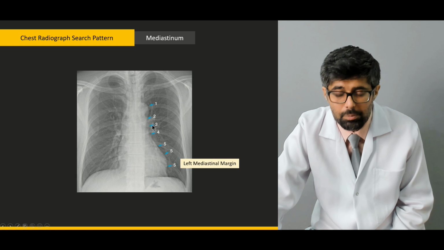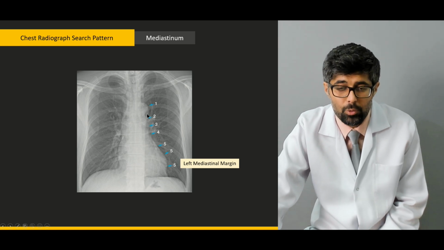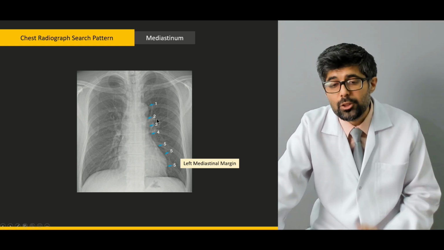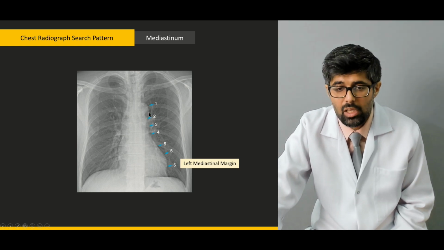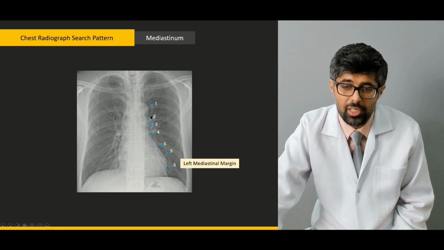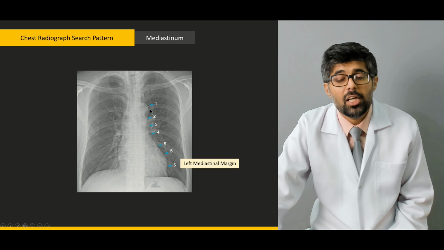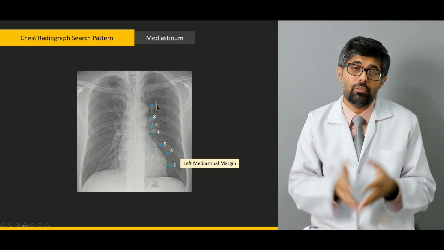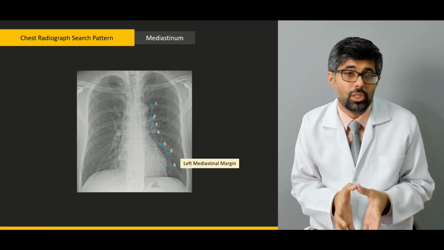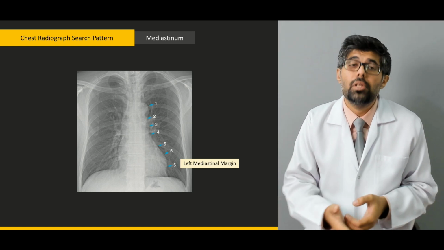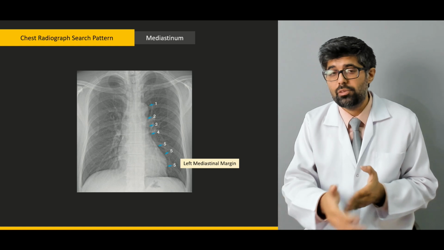The space between the pulmonary artery and the arch of the aorta is called the cardiopulmonary notch, and it should be concave like this, not convex like the arch of the aorta. But if you find it convex, that means there is some kind of adenopathy or lymphadenopathy going on behind the heart, and it can be detected when there is loss of this notch.